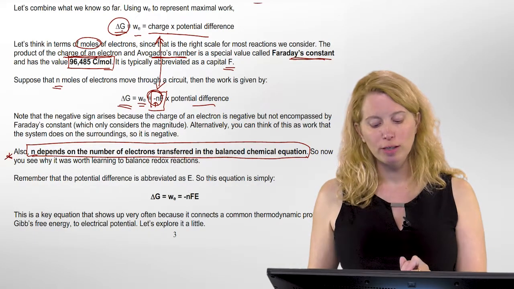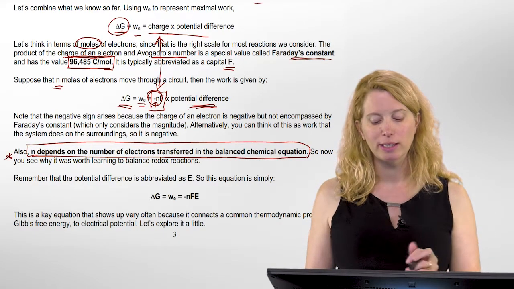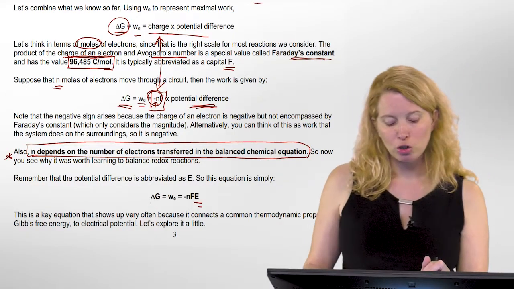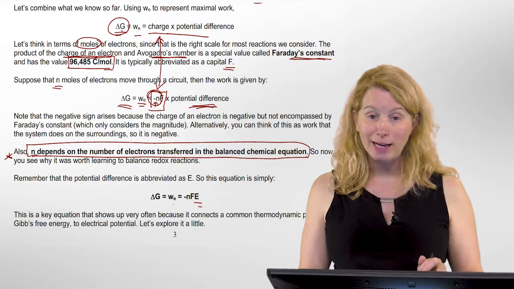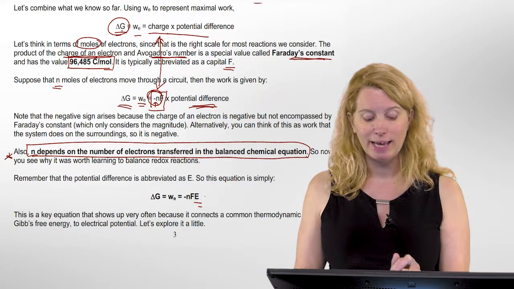So now the only thing that's left to do is to remember that in the last lesson I showed you that potential differences can be abbreviated with the symbol capital E. So the Gibbs free energy is equal to the maximum non-expansive electrical work, which is equal to minus nFE.